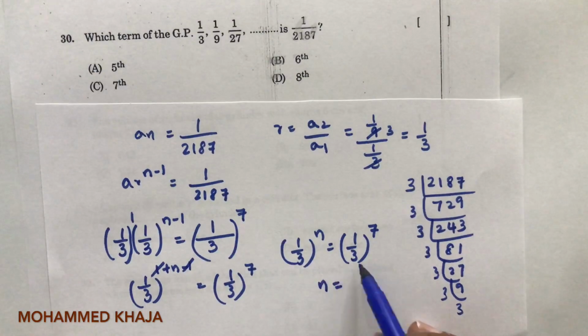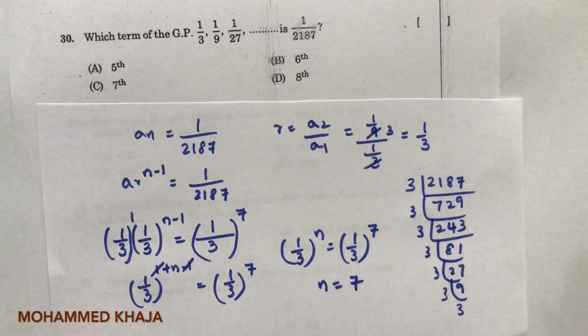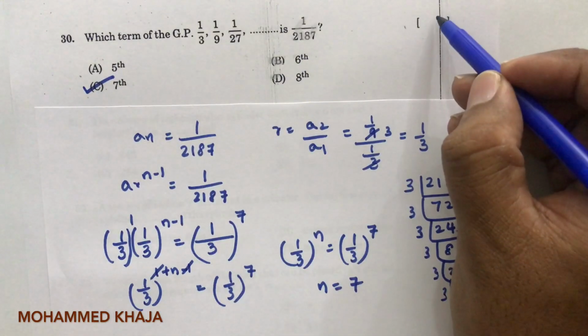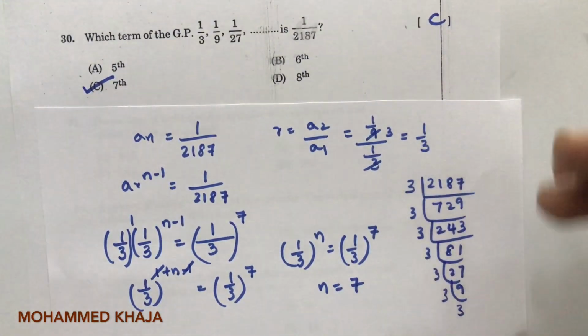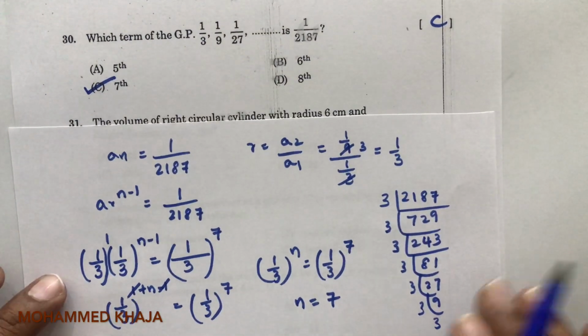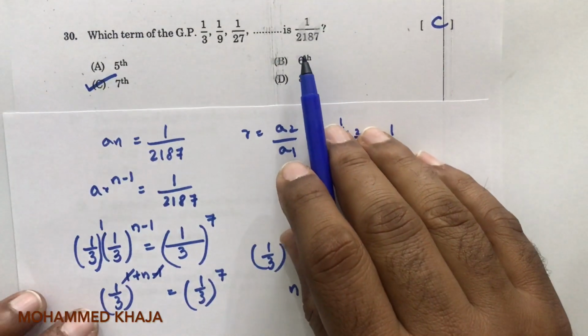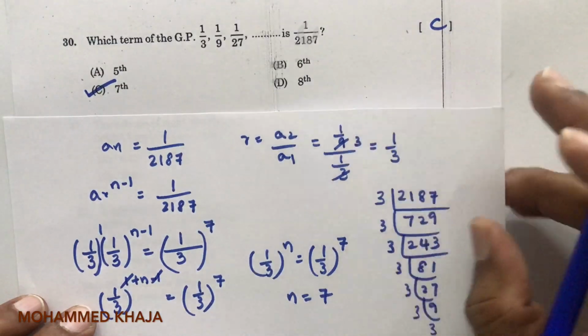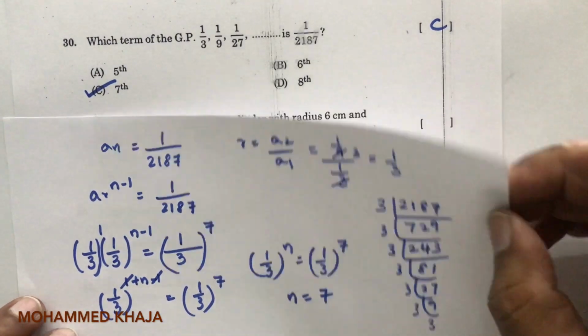So if you compare, n equals 7. So the 7th term of the GP is 1 by 2187. Correct option is C. See, this GP problem, in 2021, 2022 we don't have in the portion for Telangana.